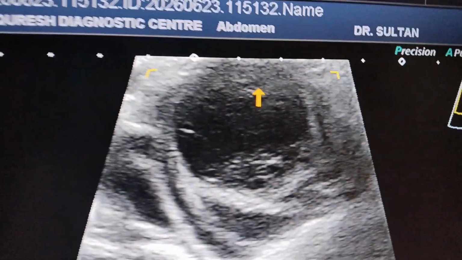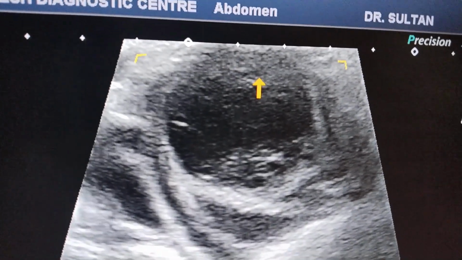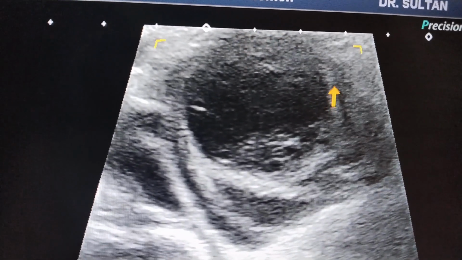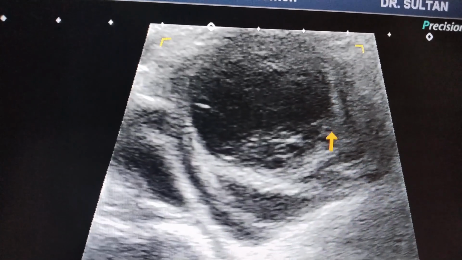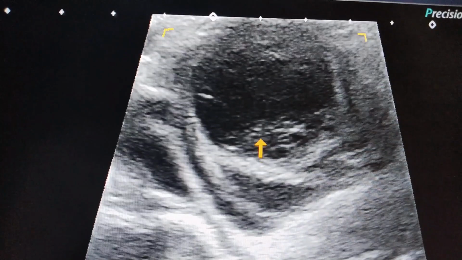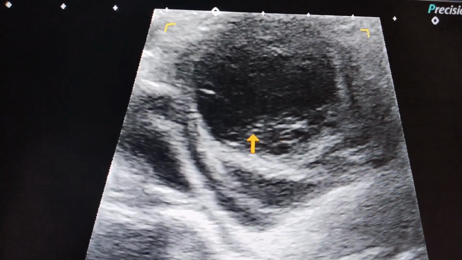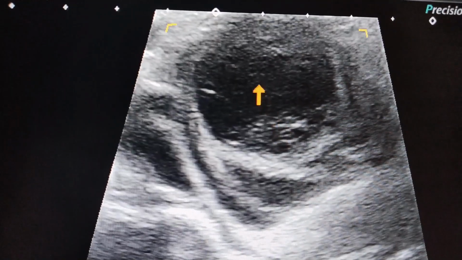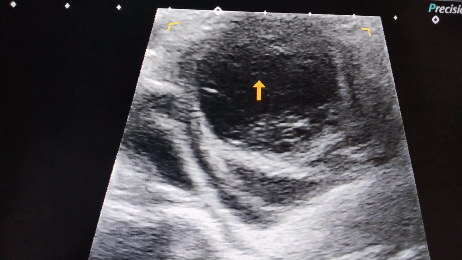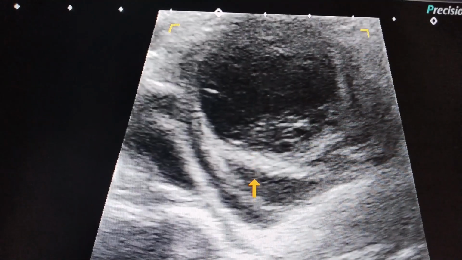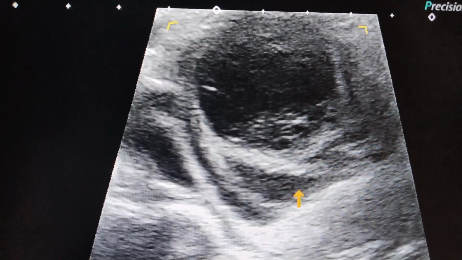While this cyst is well defined, well marginated, and has mildly increased wall thickening, with internal echoes and linear dot line. So this is likely suggestive of a right ovarian hemorrhagic cyst, while this is the free fluid.